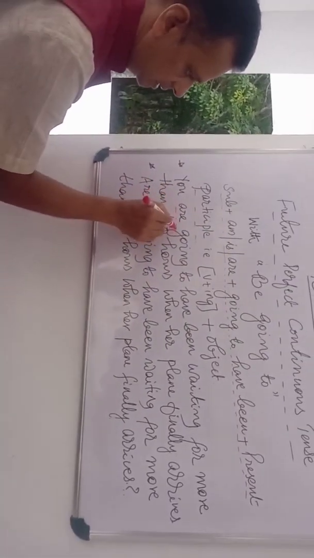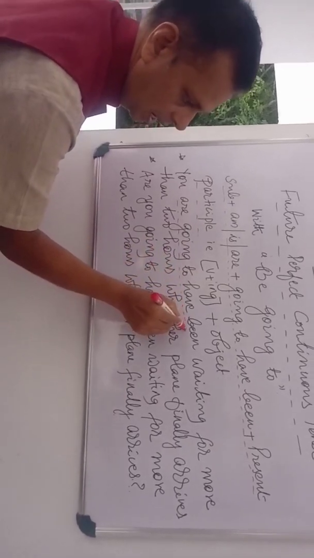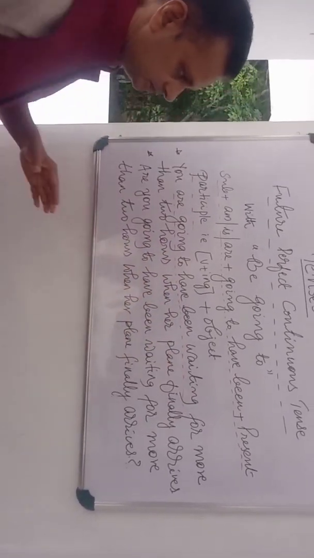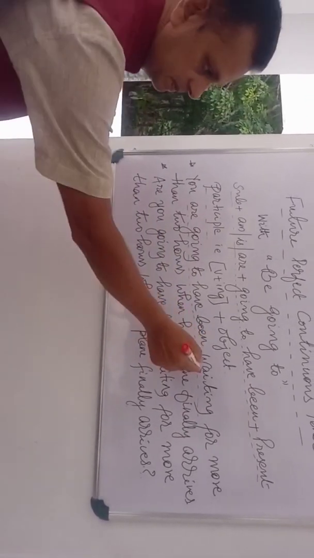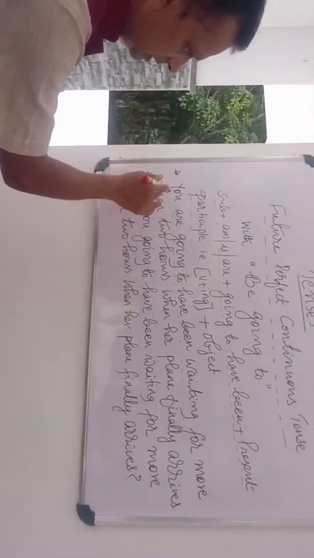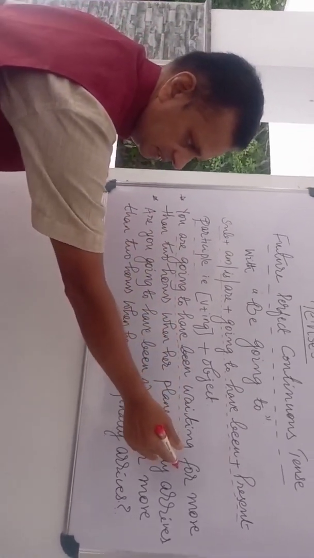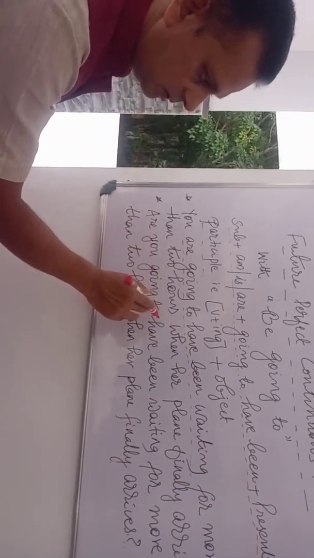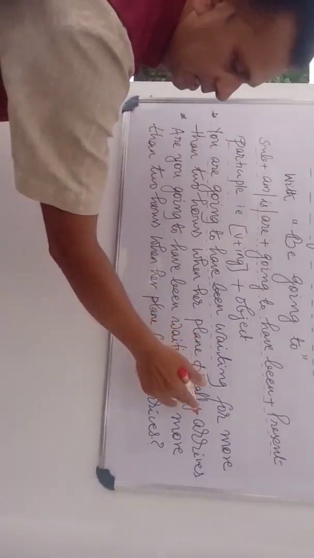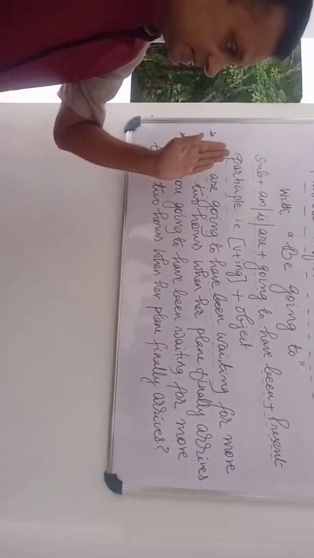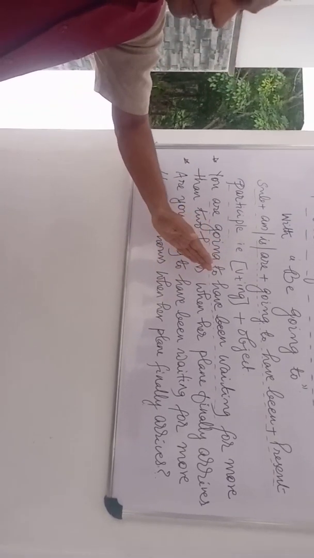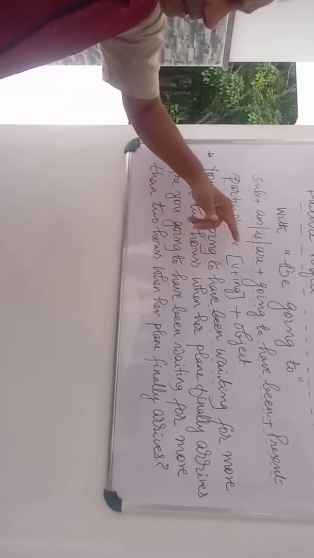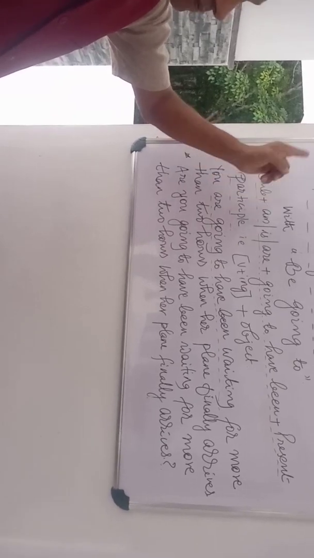Are going to have been waiting. Waiting stands for verb plus ing. So we are going to have been waiting for more than 2 hours when her plane finally arrives. It's a similar statement to the one we wrote in the usage of will.